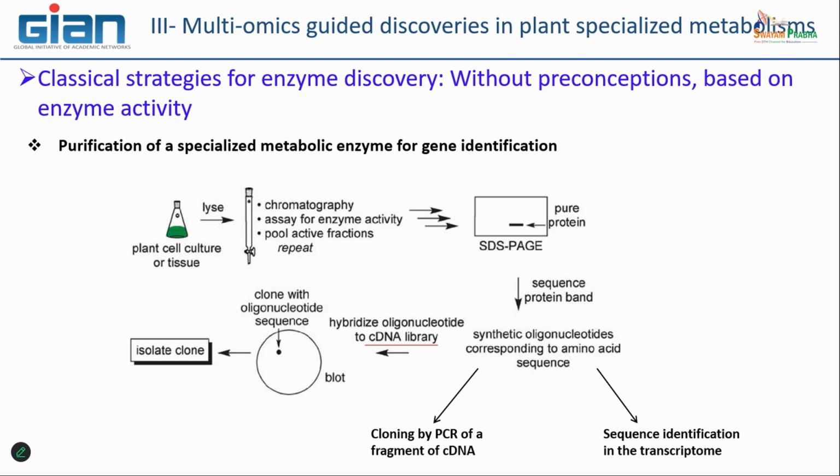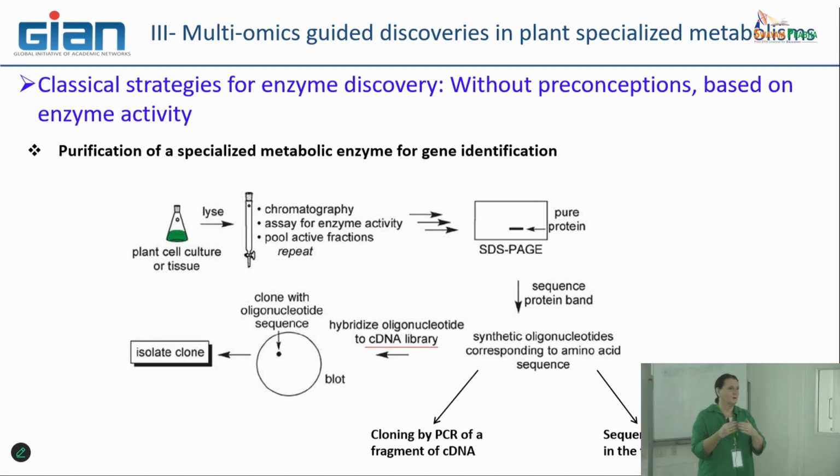It means that we have some plant, cell culture, or plant raw material. After lysis of this plant cell culture, we can run some chromatography in order to separate all the proteins into subfractions, and each fraction can be assayed for a specific enzyme activity, because you are looking for, for example, a P450 enzyme.